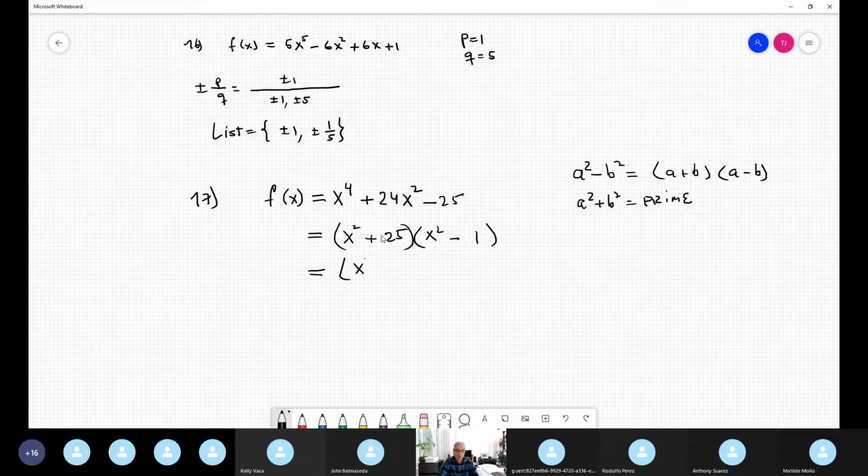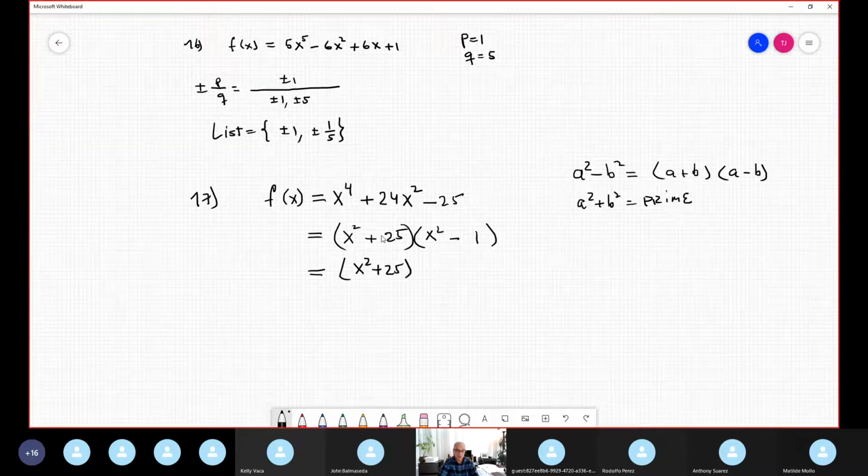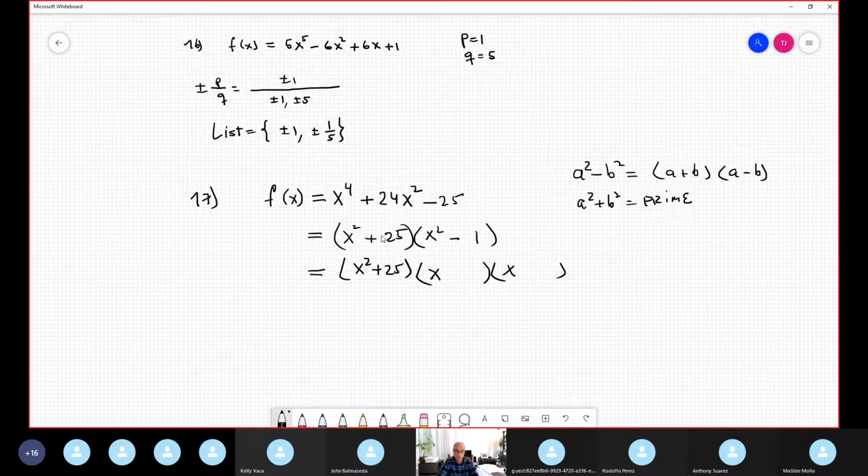So this factor stays the same because it's a sum of squares, but this one you break down into x minus 1 and x plus 1. So the answer for 17 is D. Of course, D: x minus 1, x plus 1, and x squared plus 25. Everything okay? Yes. Okay, super.